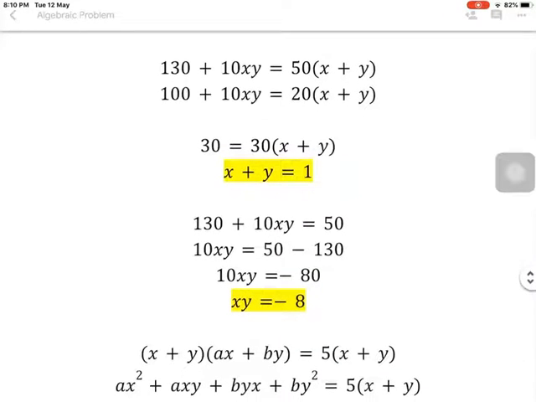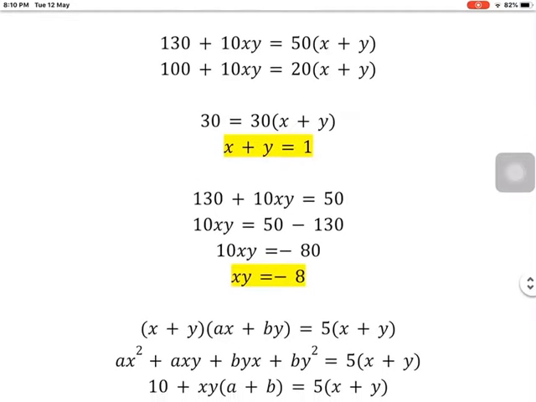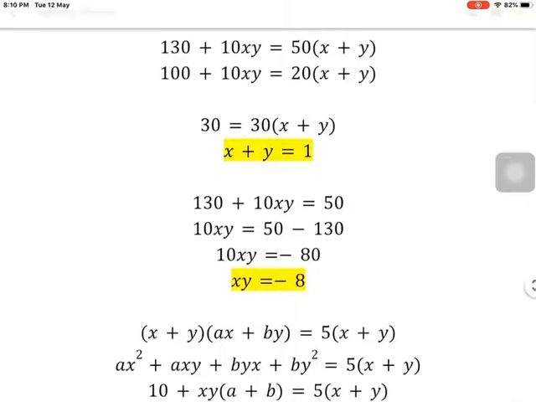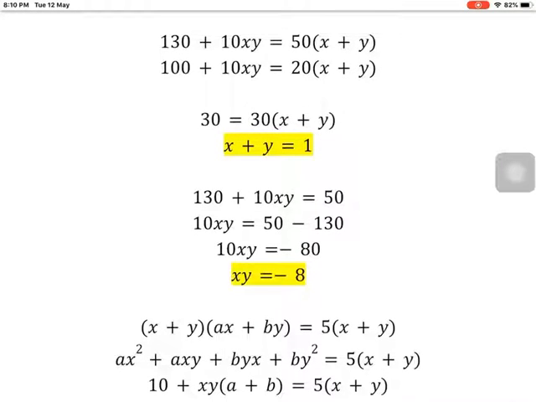Now we already know that ax square plus by square equals 10. So we substitute that in. And now we factorize out similar variables from the second and third term. So axy plus byx.